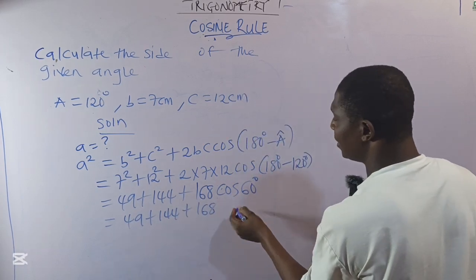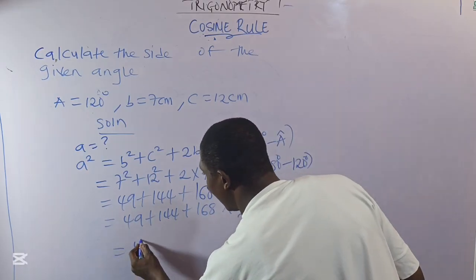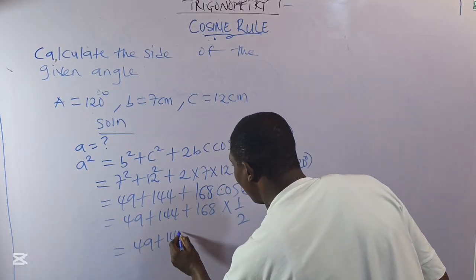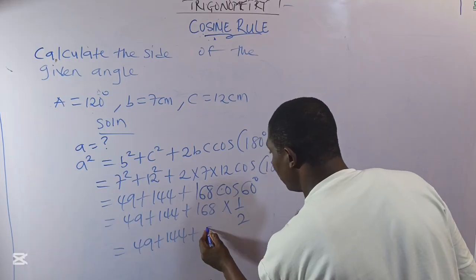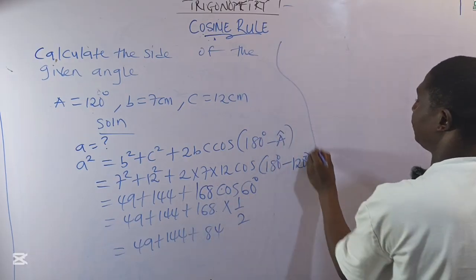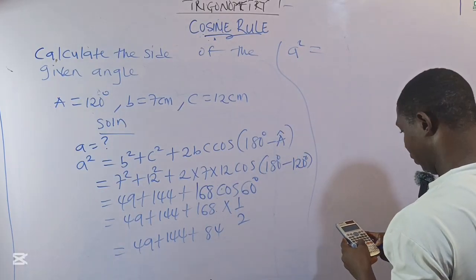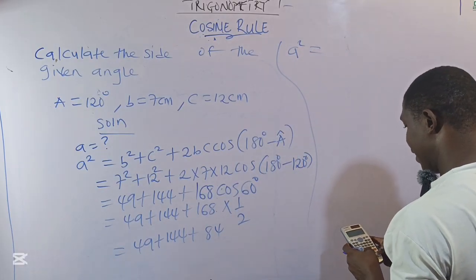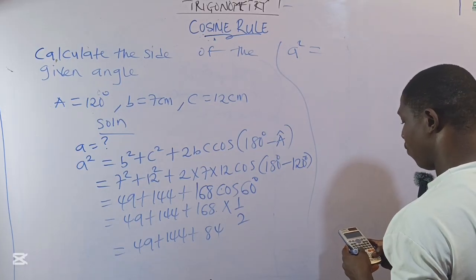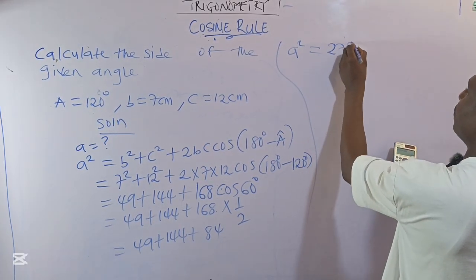Since cos 60 is 1 over 2, I can just multiply by 1 over 2. And I'll have 49 plus 144 plus, 2 into here will give me 84. And I'll add up these 3 and I'll have a squared to be equals to 49 plus 144 plus 84, which gives me 277.